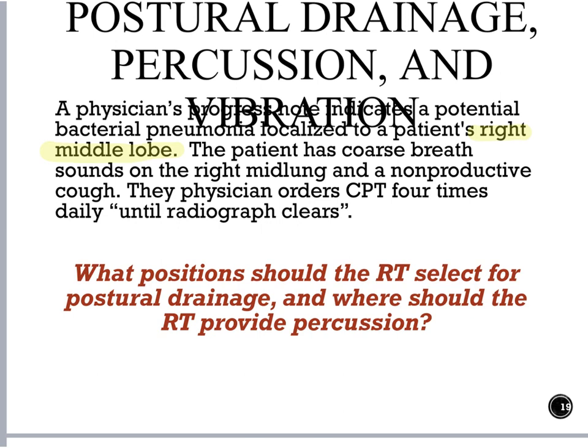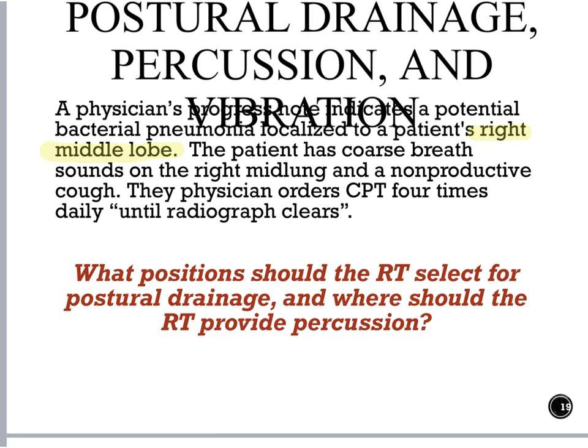When you are putting a patient in a position, you want to put the bad side up for percussion, because you're not going to be able to drain anything if you put the bad side down.